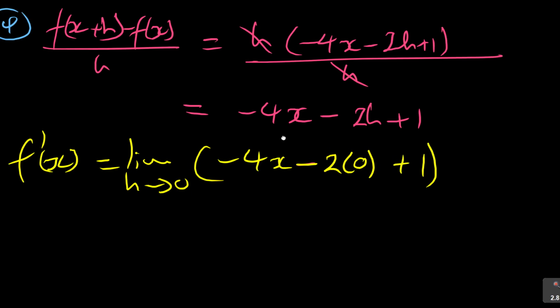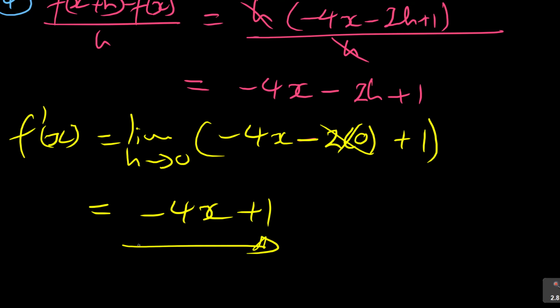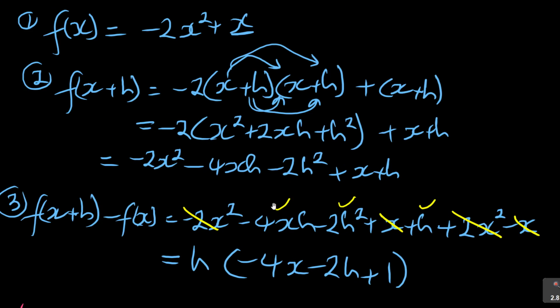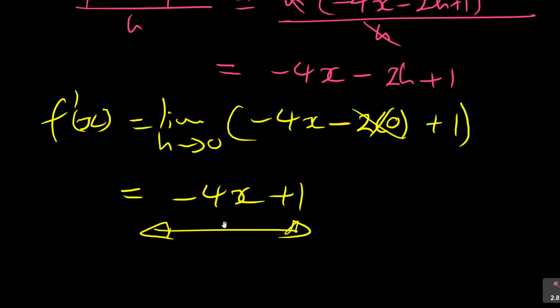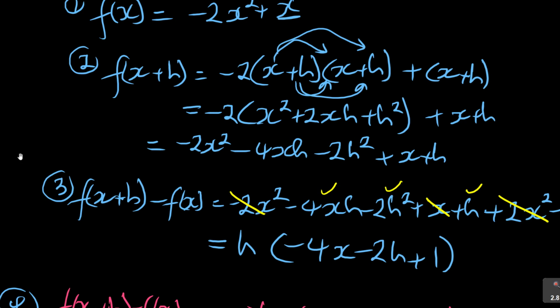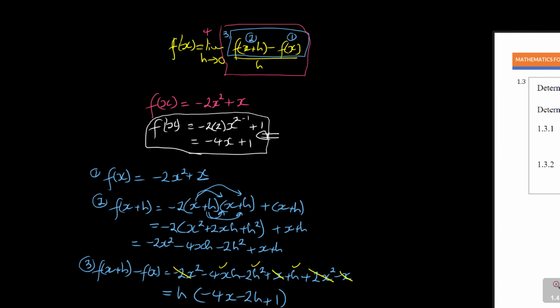So I must be careful, not even if the answer is going to be correct, but it is minus 4x. This becomes 0 plus 1. See, minus 4x plus 1. There we did it, minus 4x plus 1. That's what we also got here, minus 4x plus 1. So that's how to do it when you're solving these first principles kind of problems.